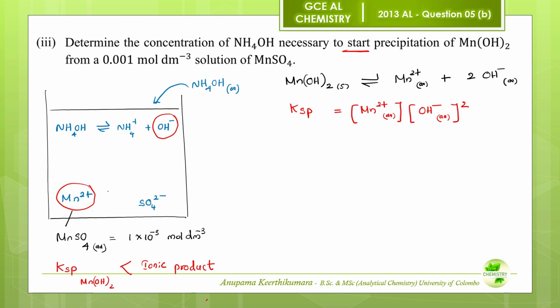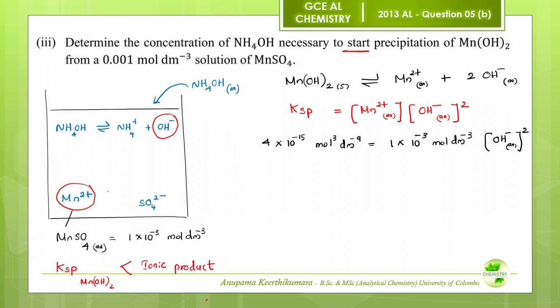Ksp, 4 times 10 to the negative 15th mole cubed dm negative 9th, equals manganese concentration, 1 times 10 to the negative third moles per cubic decimeter, times OH minus concentration to the power 2.